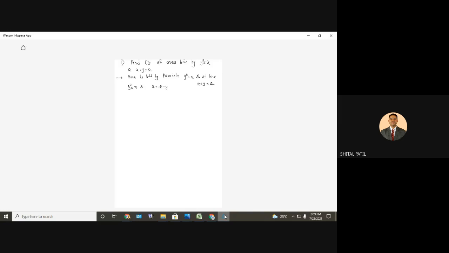Find the value of x from the straight line and substitute that in the parabola. This will work: y plus 2, y minus 1.